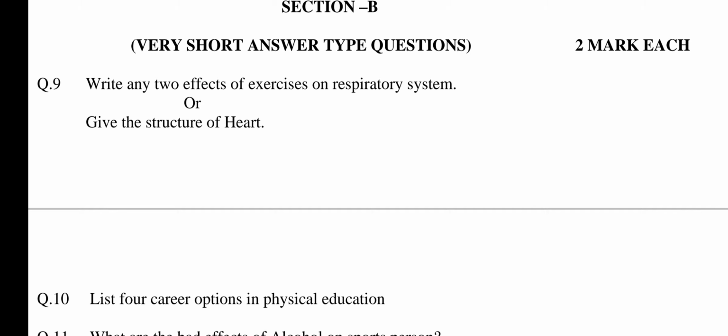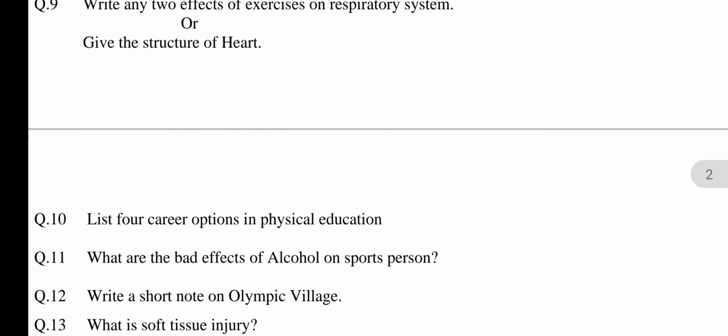The two effects of exercises on respiratory systems are as listed below. Number 1, faster removal of carbon dioxide. 2, lung volume increased. Explain all these points in 2 to 3 lines.